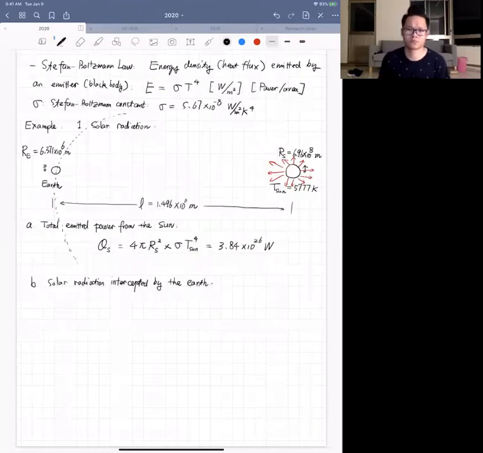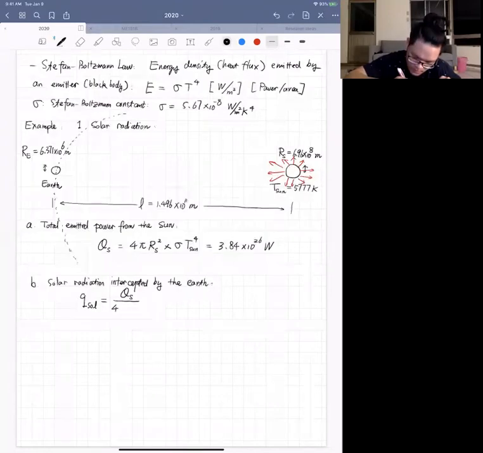So the heat flux we see on Earth, called Q solar, this is the heat flux on Earth. We can calculate this. It equals the total amount of energy emitted from the Sun, normalized by the surface area of this large spherical shell. The radius here is L, the distance between Earth and the Sun. We do the calculation.